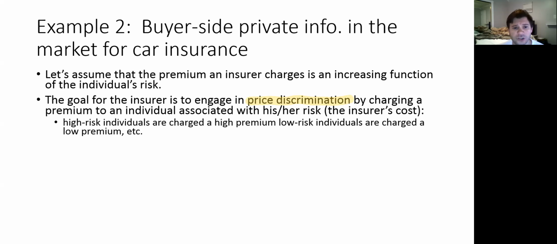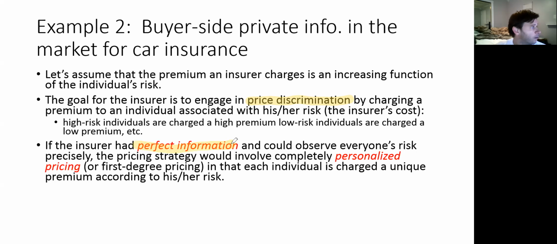And the goal of the insurer is really to price discriminate in a very aggressive way, where high-risk individuals are being charged a higher premium, lower-risk individuals are being charged a lower premium, and medium-risk individuals are being charged a medium premium. And if the insurer hypothetically did know exactly what everybody's risks are, if they had perfect information here, okay, and could observe everybody's risks precisely, then what would that pricing scheme look like?